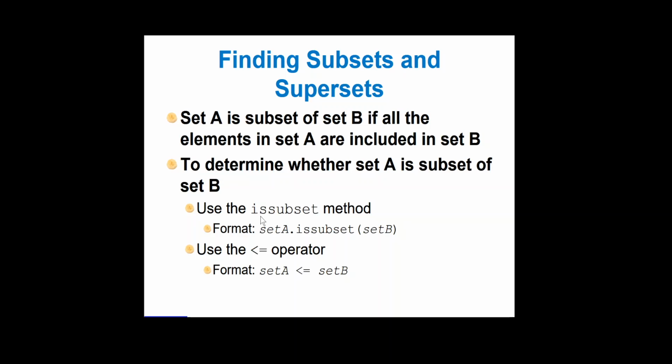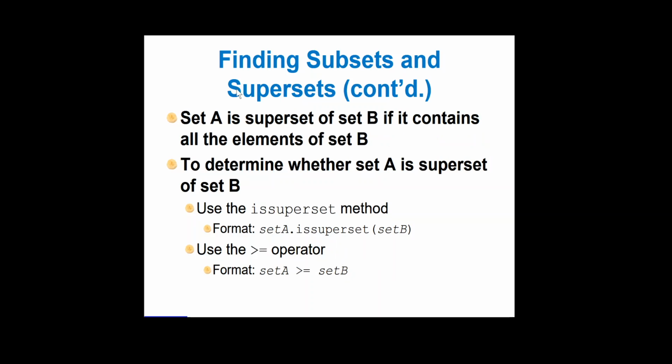In Python, we can use the built-in function issubset. So in that case, we can see if A is a subset of B or not. Or if you don't want to use the built-in function, you can use the less than or equal operator. If you want to see if A is a superset, that means A is containing B, the other way around, you can apply issuperset, so set A issuperset set B, or you can use the greater than or equal operator.